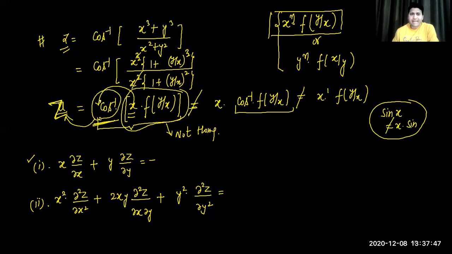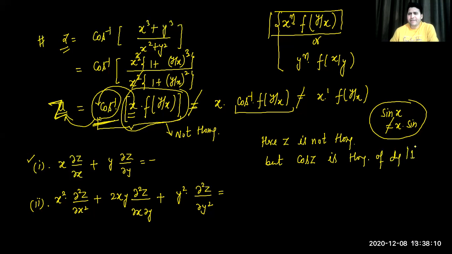Here I am getting a result. Here, z is not a homogeneous function, but cos z is homogeneous. Cos z is homogeneous of degree, what is the degree? Degree 1.